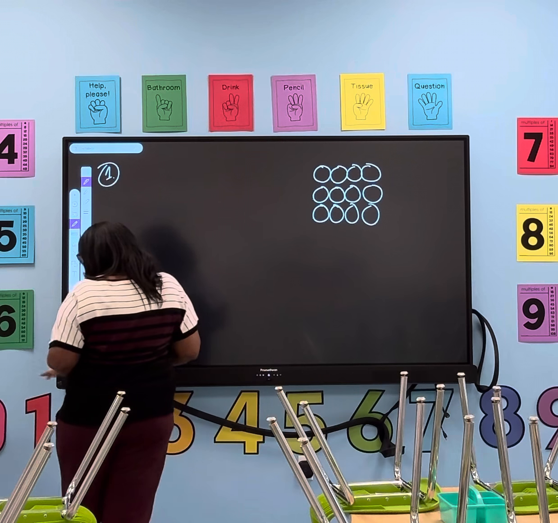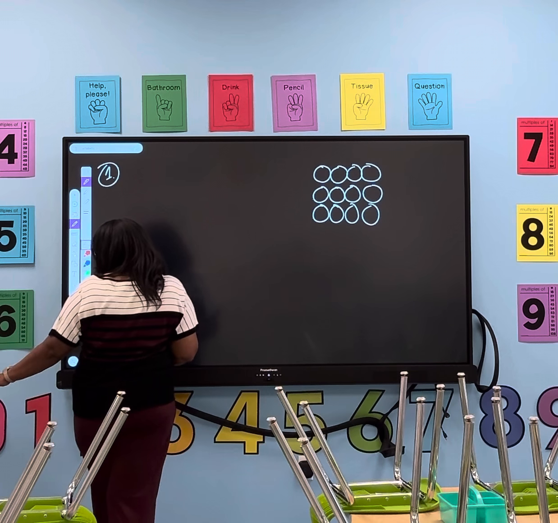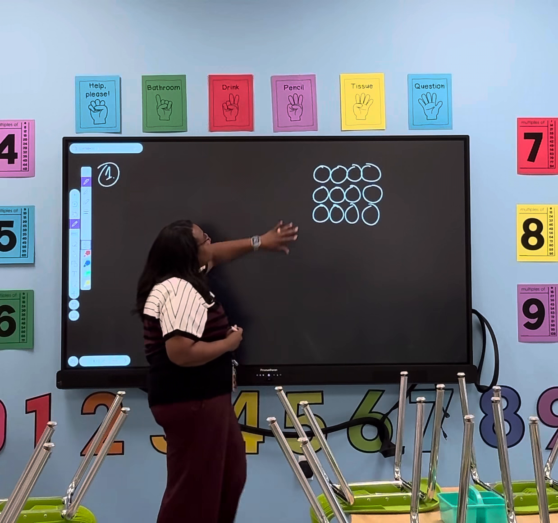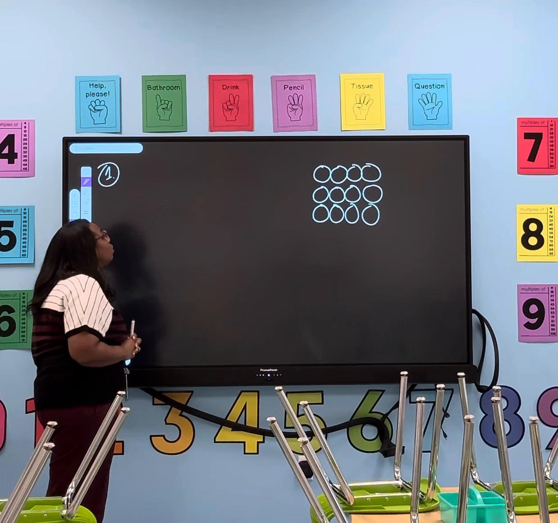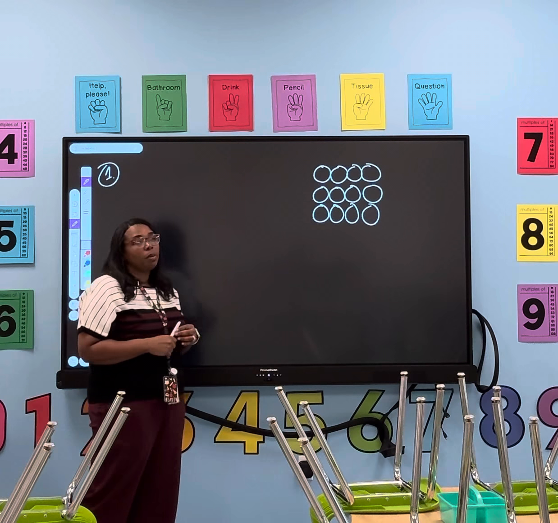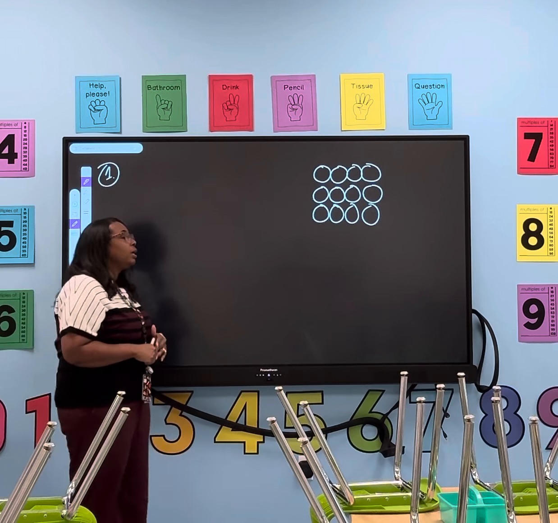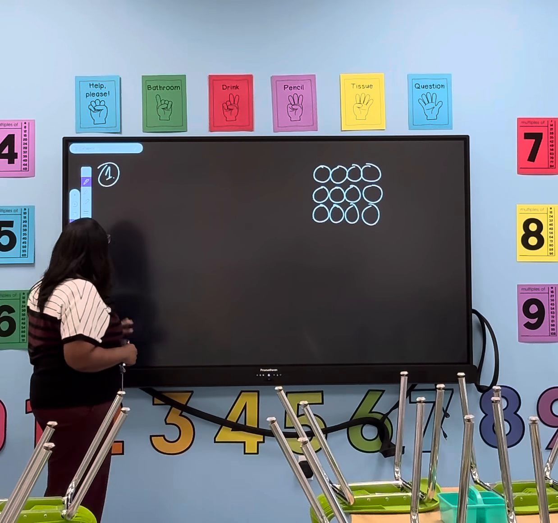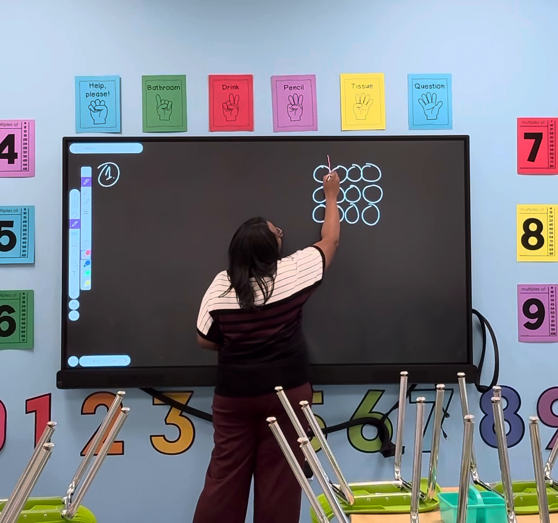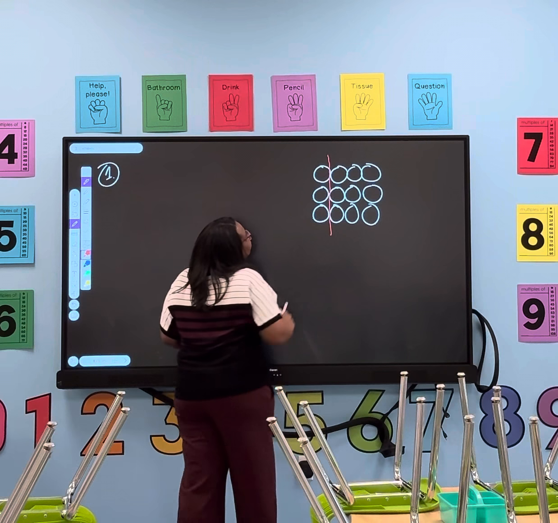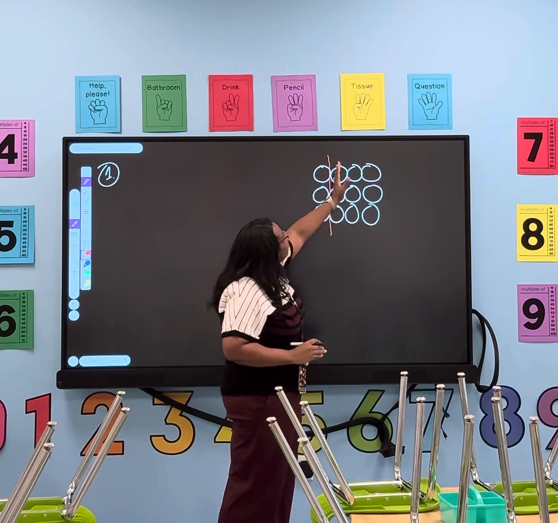So number 1, they tell us find 3 times 4 by breaking apart the array. I already drew the array right here, and they want us to break it apart. When we break it apart, we can do it in 2 different ways. One way is to draw a line, so the kids were taught to draw a line here and break it apart to where you have 1 column and 3 columns.